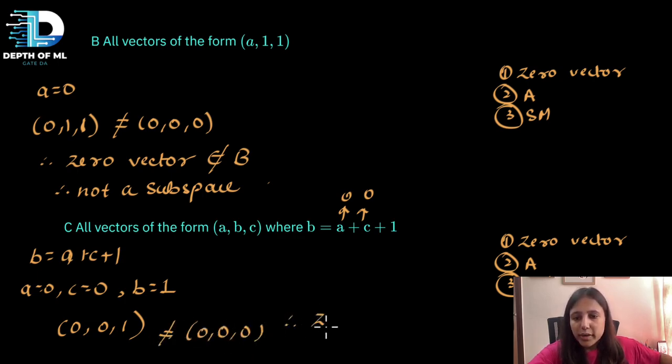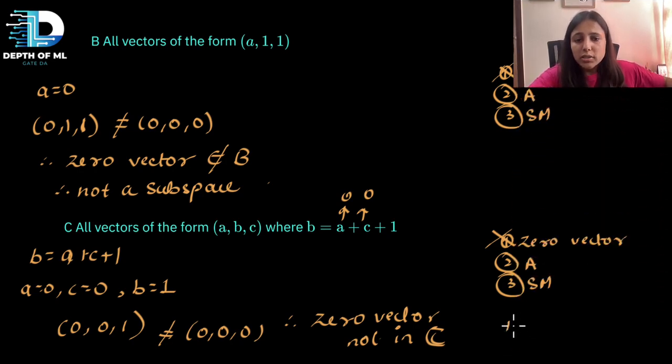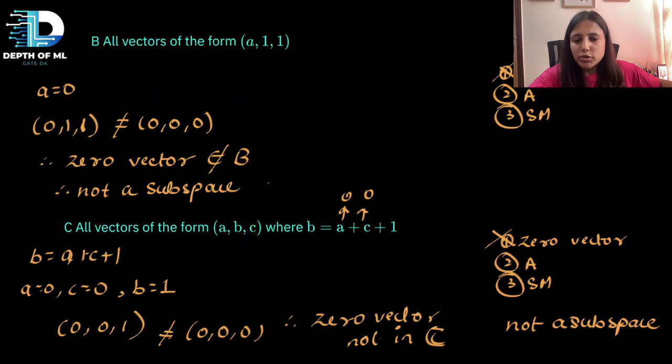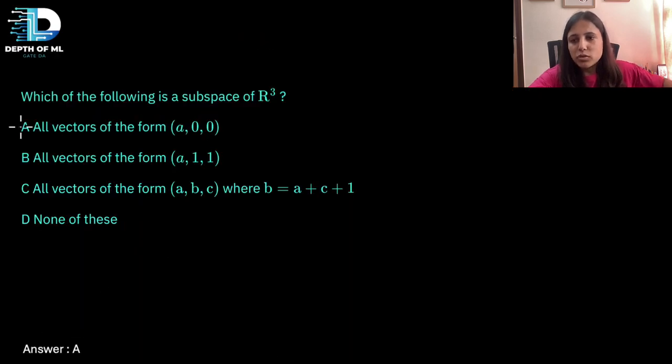Therefore, the zero vector is not in C. This is not satisfied, so it's not a subspace. Hence this option is also incorrect. So the correct option for this question is A.